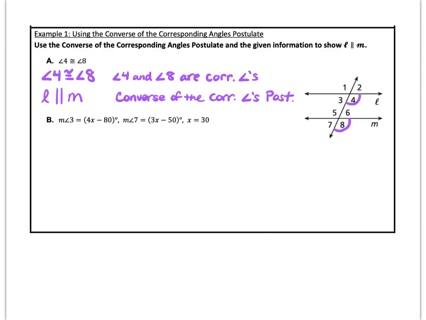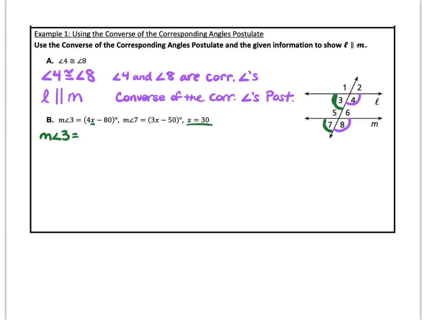For letter B, we are given that the measure of angle 3 is 4x minus 80 degrees, and the measure of angle 7 is 3x minus 50 degrees. First, let's find those in our picture. Here's angle 3 and angle 7. For angle 3, we have this expression, and we are given that x is 30.